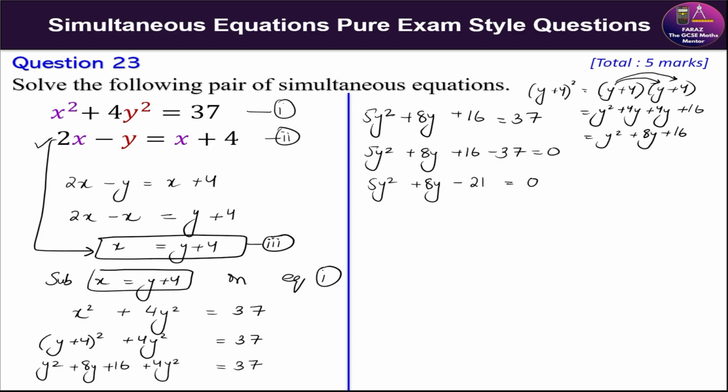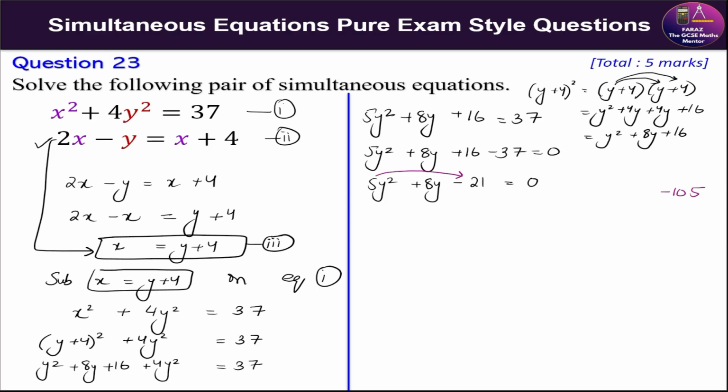Now we have to factorize this quadratic equation. To factorize it, we are going to split the middle term into two terms. How to do that? You need to multiply this 5 with the last number first. 5 times negative 21 is negative 105.